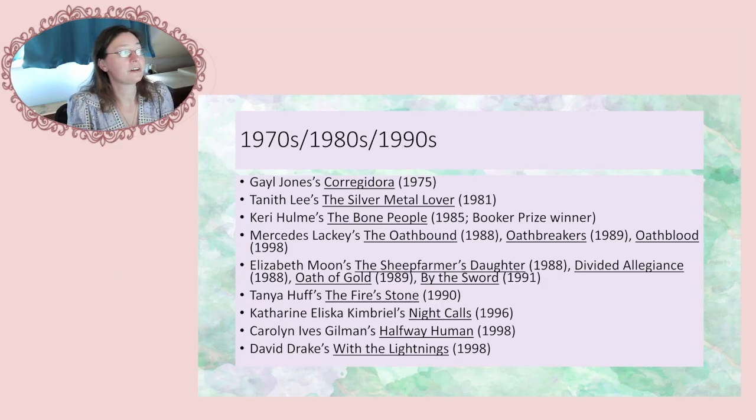So from the 1970s to the 1980s and the 1990s, we have a couple of titles. Some of these are going to be more Aspec adjacent than others. Gayl Jones's Corregidora is a very good example of that. But I did want to mention it because there are very clear Aspec themes in this book that were touched on in 1975.